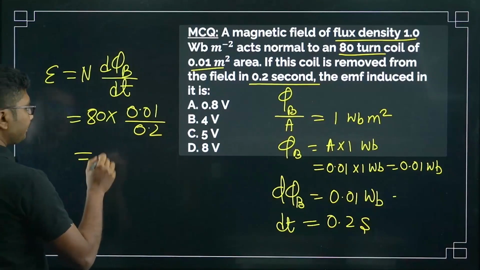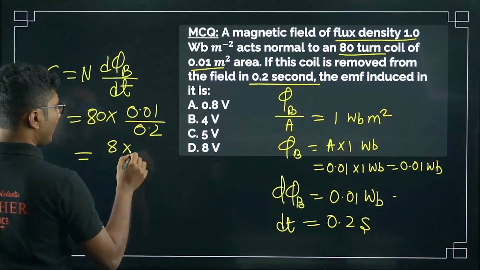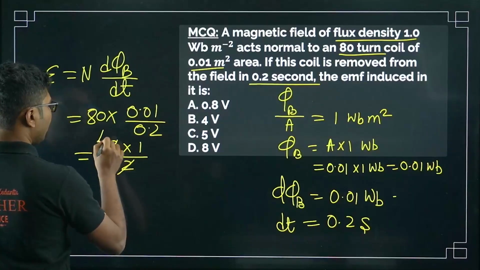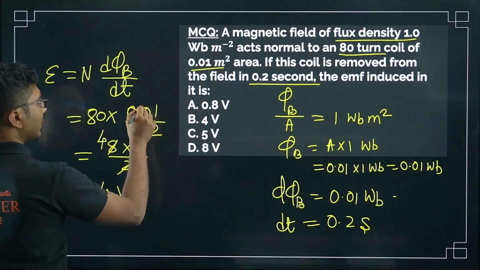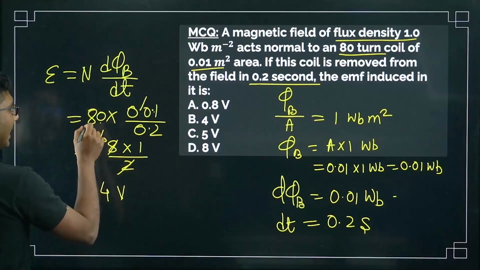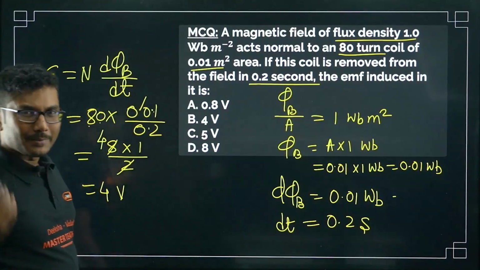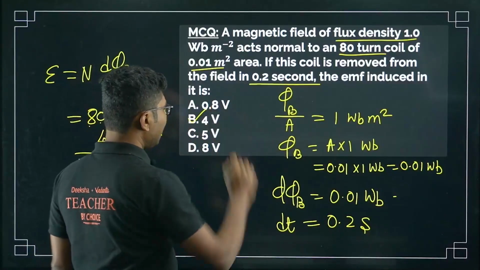If you cancel it, you will get 8 into 1 by 2, that is 4 volts. 0.01 divided by 0.2 gives 0.05 and 0.05 into 80 is 4. Just do the simple mathematics, remove the decimals, solve it, and you will get 4 volt as the answer.